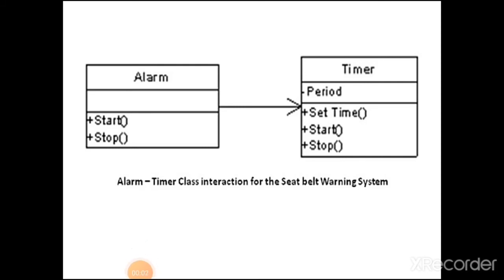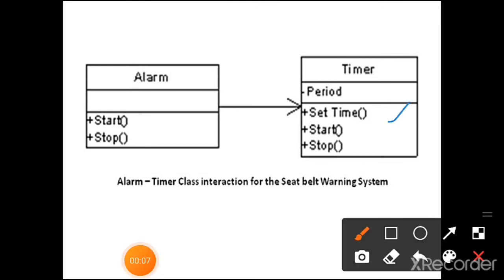The timer class contains the attribute period, then set time, for setting the time for the timer, and a start function to start the timer, and a stop function to stop the timer. There is a relationship between alarm and timer, indicated by an arrow.